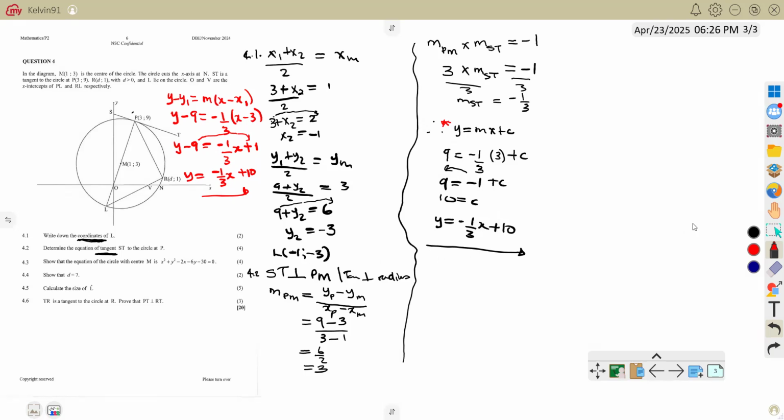Then the next question, they are saying show that the equation of the circle with center M is given by this.